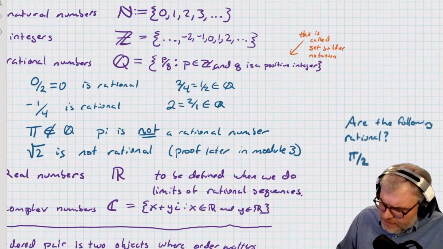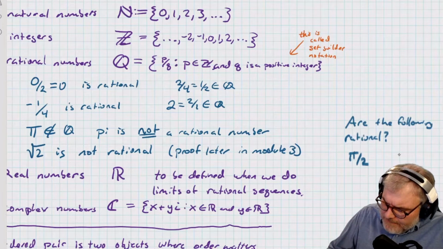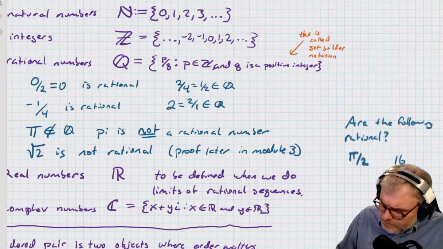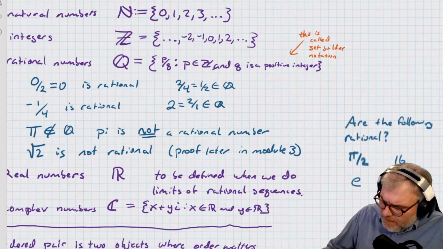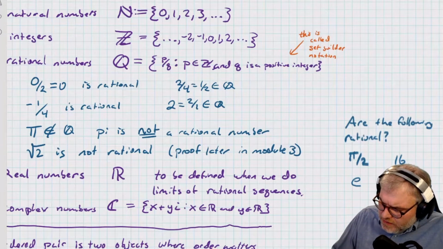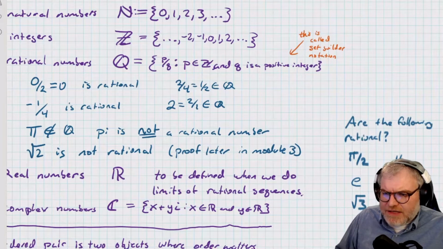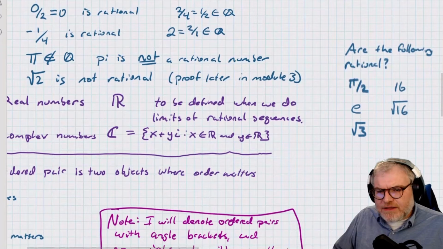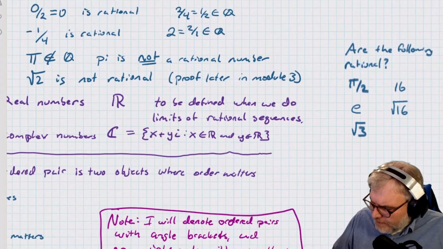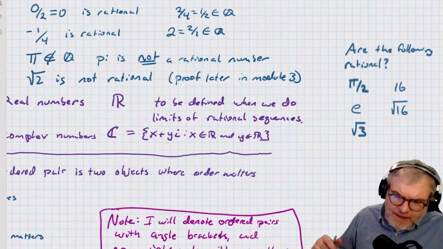Is that rational? What about 16? What about e? What about the square root of 16? And what about the square root of 3? Do you think these numbers are rational or not? That's just a little question to think about. Go ahead, pause the video, think about it, unpause it when you're done.